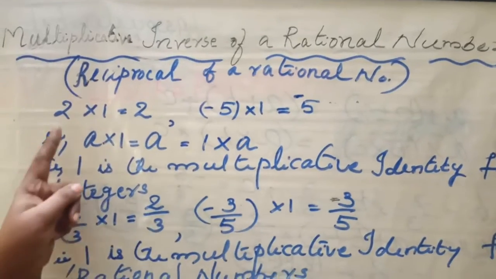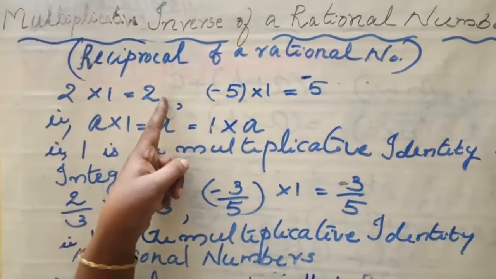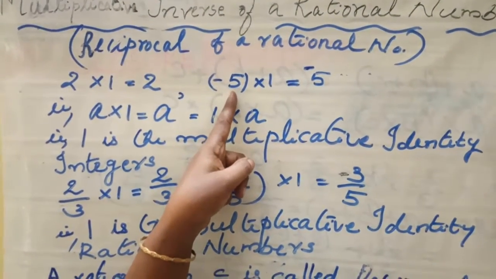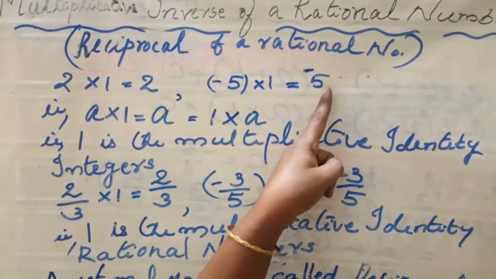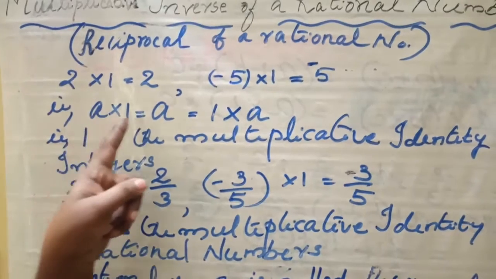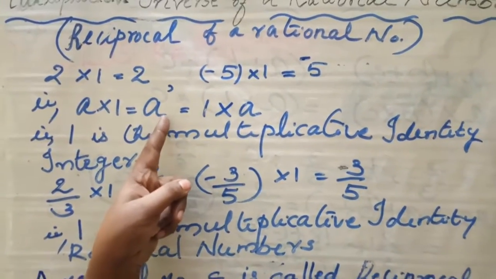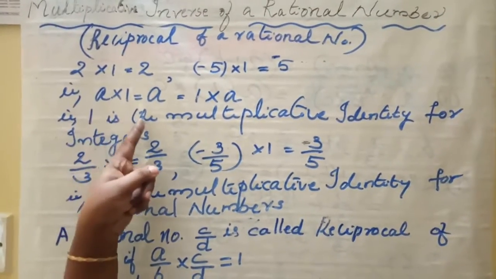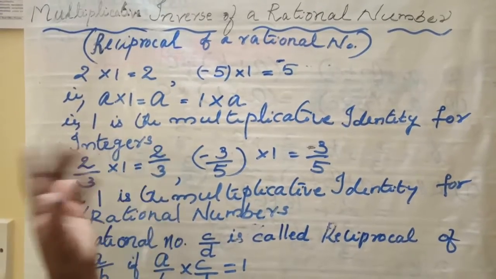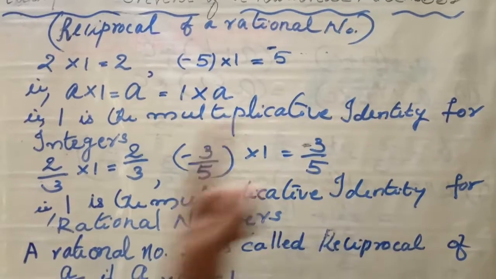That means an integer which is multiplied by 1, you get back the same integer. Similarly, here also we start with minus 5. The result is also minus 5. So we say that a into 1 equal to a, or we can say 1 into a equal to a. So the property is 1 is the multiplicative identity for integers.